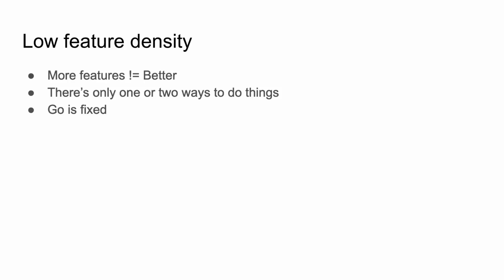And so the authors of Go came to the conclusion that features hurt readability. And not only do they hurt readability, they increase complexity, they encourage over-engineering, and overall they reduce expressive code. And so from that, they concluded that in their programming language, there should only be a few ways to do things.